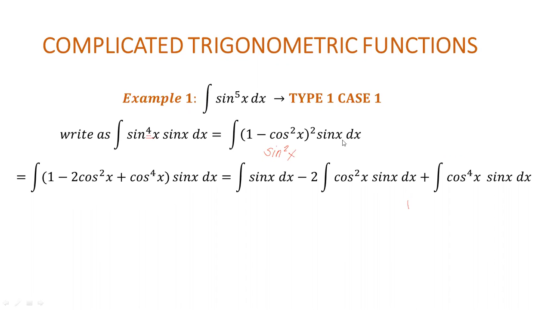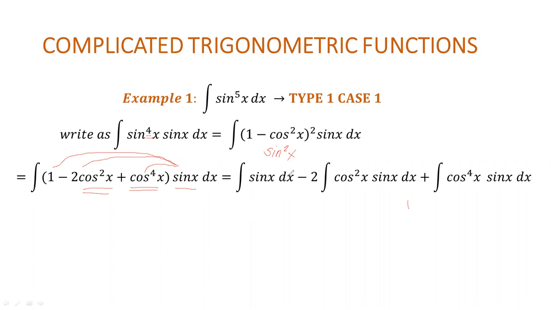And notice the sine function which you have set aside here now will represent the derivative of these cosine functions if you will evaluate the separate integrals using power rule. So you will now distribute the sine function to each of these terms after you have expanded the expression 1 minus cosine squared of x squared.